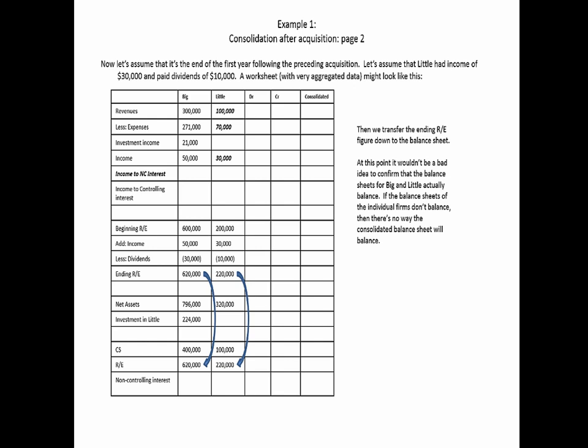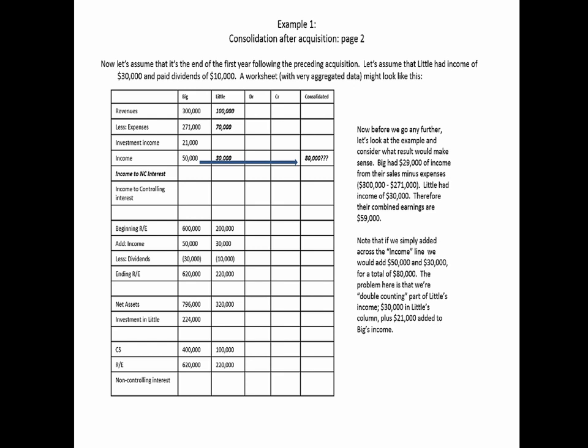Going through problems in class, it's entirely possible that I or the textbook authors, in creating a problem, might make a mistake in setting up the problem, and the balance sheet for either Big or Little individually will not balance. If the balance sheet for either company individually does not balance, then the consolidated balance sheet will not balance either. And you can go nuts trying to figure out what mistake you made, when in fact the mistake was in the initial balance sheet for either of the individual companies.